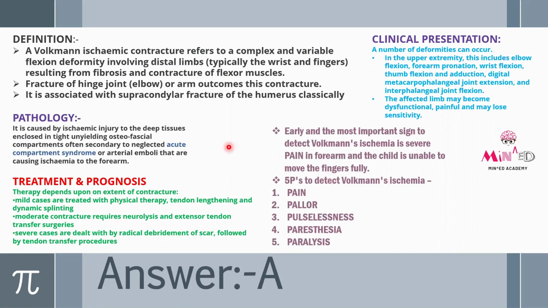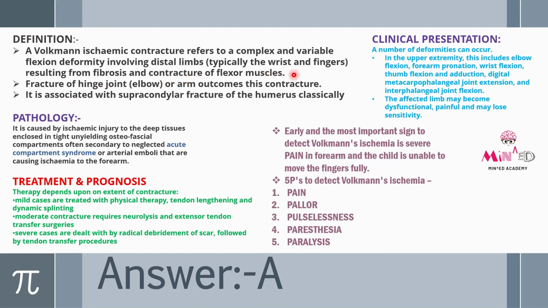Definition: Volkmann's ischemic contracture refers to a complex and variable flexion deformity involving the distal limb, typically the wrist and fingers, resulting from fibrosis and contracture of flexor muscles.